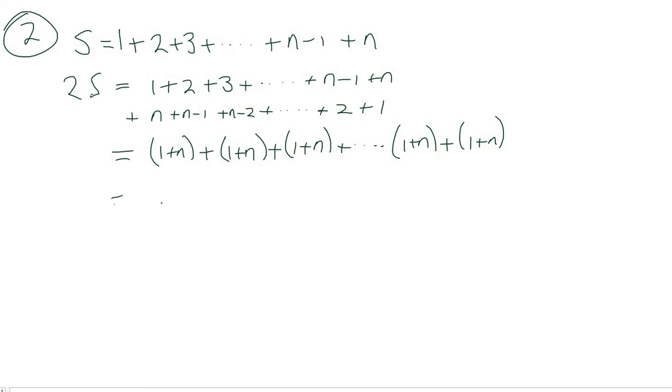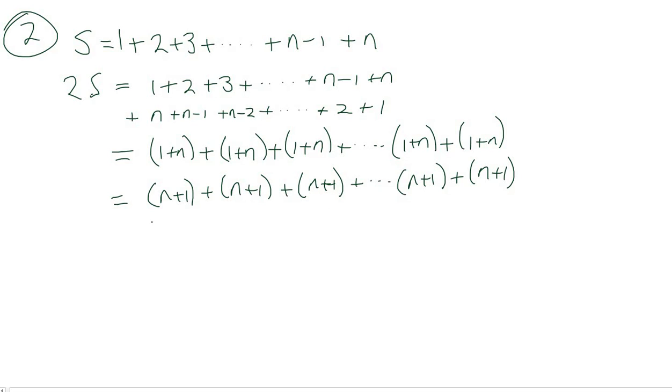Right, just for a bit of clarity, I'm going to rewrite this as n plus 1 plus n plus 1 plus n plus 1, and so on. N plus 1 plus n plus 1. And hopefully you should be able to see that there are n of these, n times. So this gives us that 2 lots of s equals n times n plus 1.